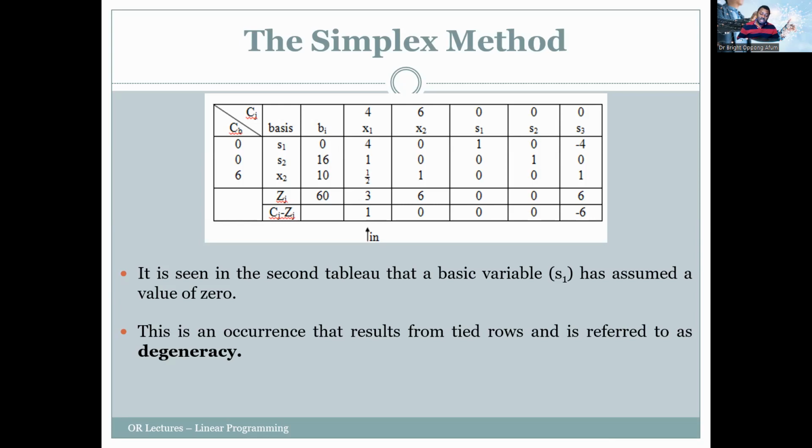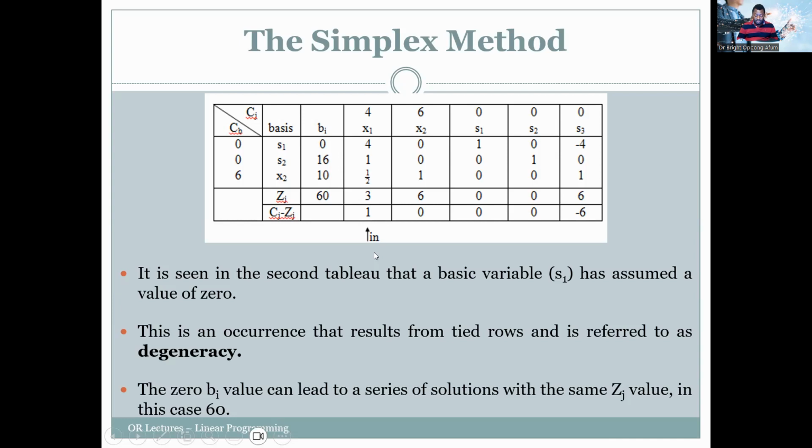So when you have tied rows, the Bi of the non-selected basic variable results in a 0 value, and this is referred to as degeneracy. So the 0 Bi value can lead to a series of solutions with the same Zj value. In this case, it is 60.